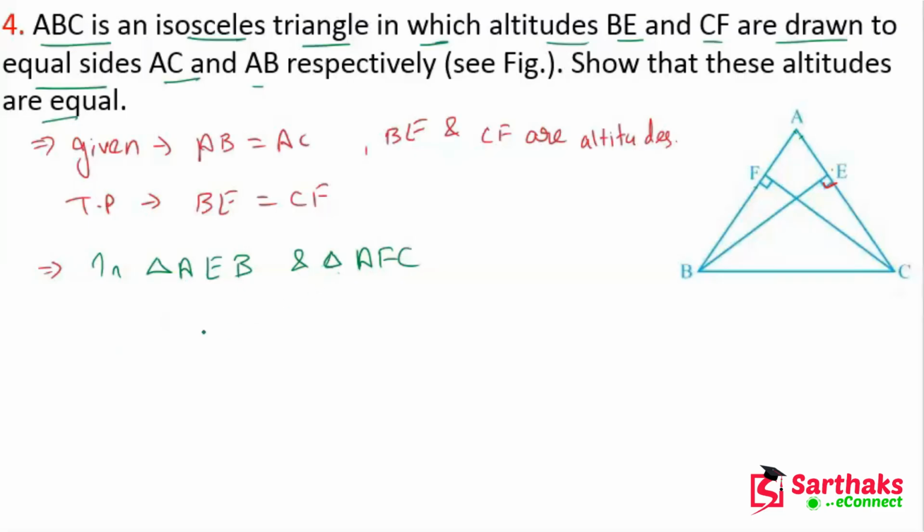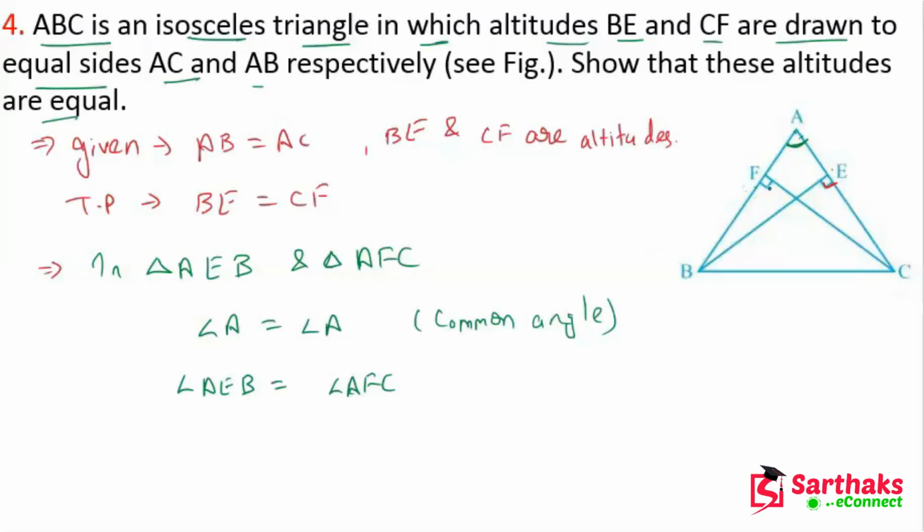So how can we prove that? Here angle A is equal to angle A, because this is the common angle. Now angle AEB is equal to angle AFC.